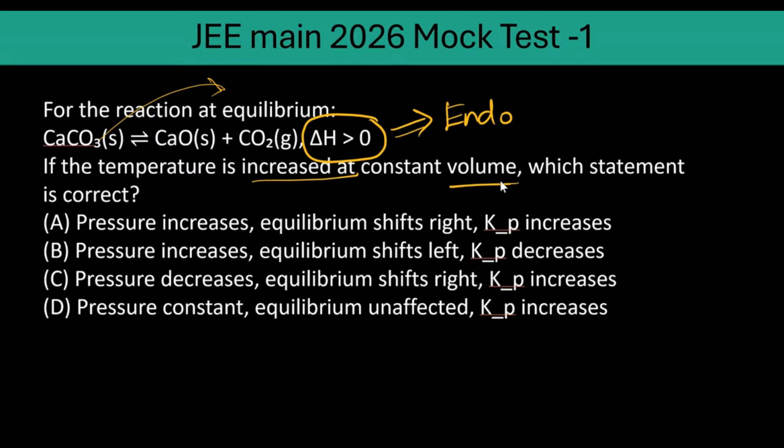So constant volume means more CO2 has been produced now because the reaction is going forward. More moles of gas in a fixed volume, which means pressure increases, right? So the pressure will increase. The equilibrium shifts to right. Pressure increases, equilibrium shifts to right. So Kp increases. That is the only answer we have.